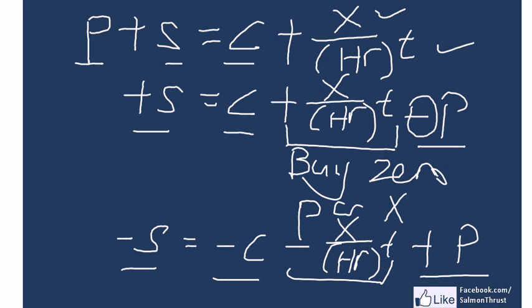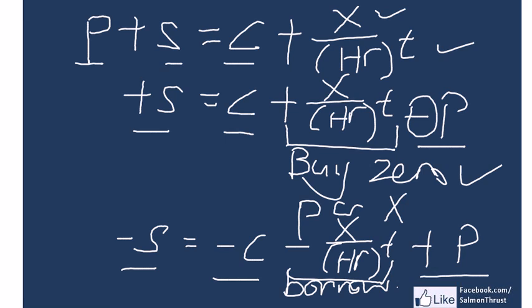Basically, we are borrowing money. Just like earlier, when you buy a zero coupon bond, we are lending money, in this case we are selling a zero coupon bond, which is like borrowing money. This is how we create a synthetic long and a synthetic short underlying.